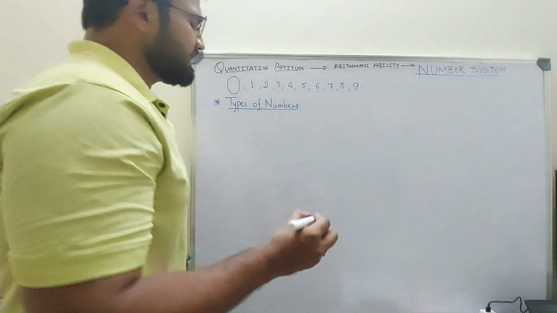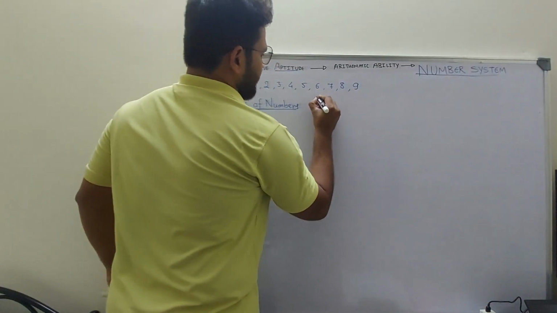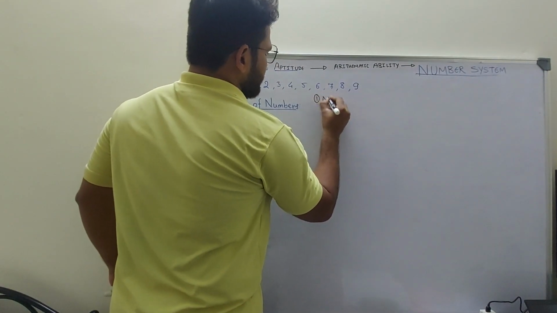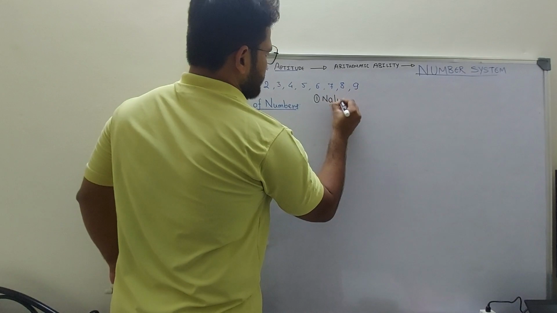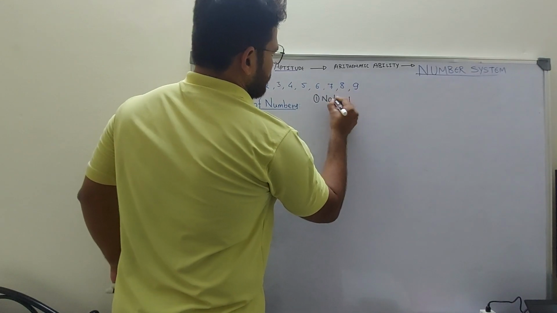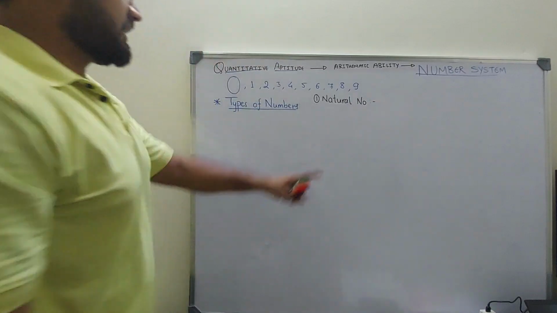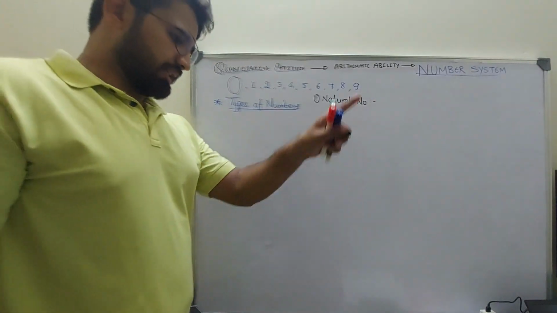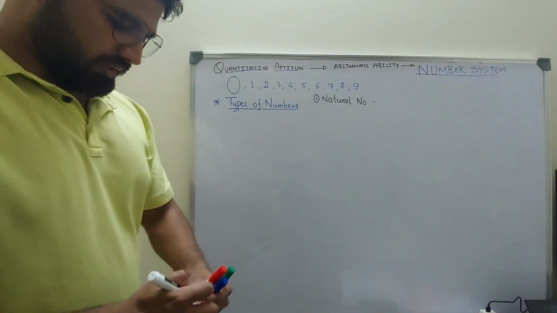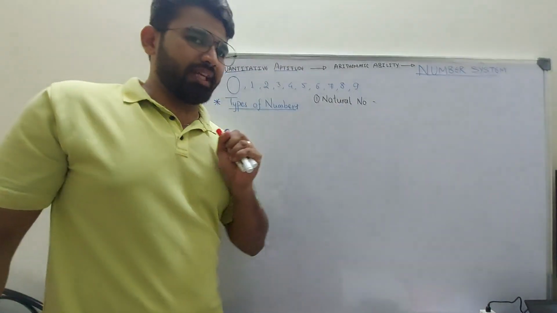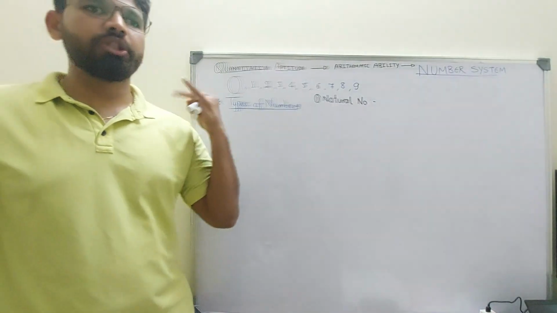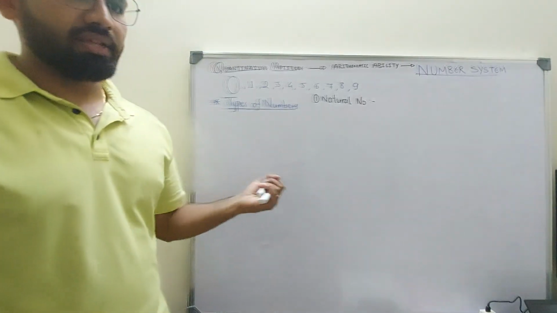First I will write natural numbers. Everyone might know what natural numbers are. Natural numbers are simply counting numbers. For example, 1, 2, 3, and so on.